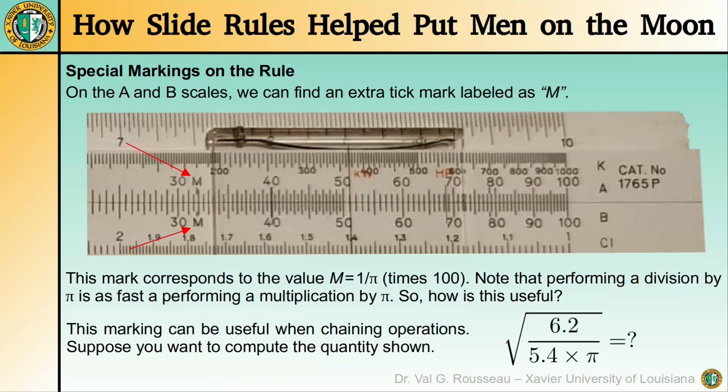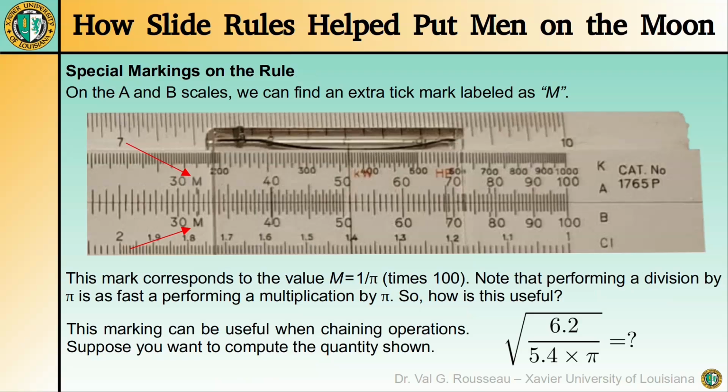Keep in mind that since division is the reverse operation of multiplication, the slide rule after a multiplication always ends up ready for division, while after a division, it always ends up ready for a multiplication. So, when several operations need to be chained, it is always faster to alternate multiplications and divisions as much as possible. Let us see a concrete example.